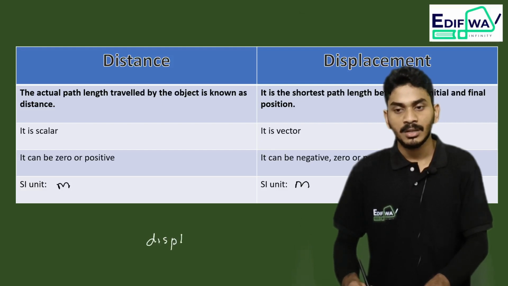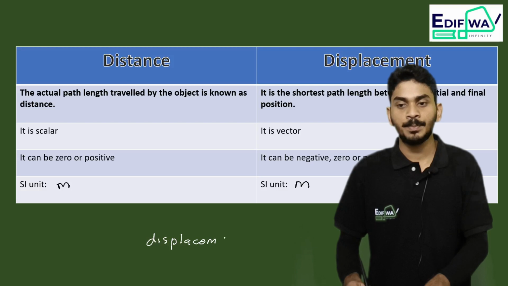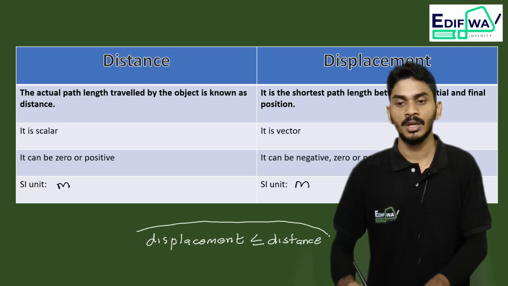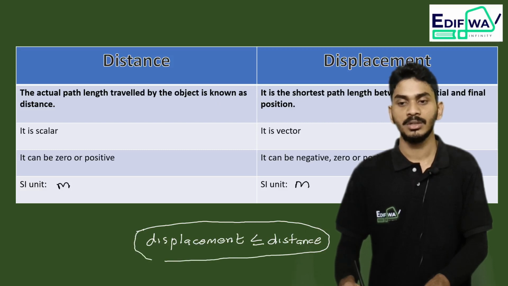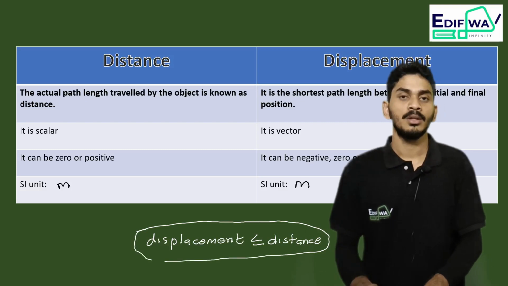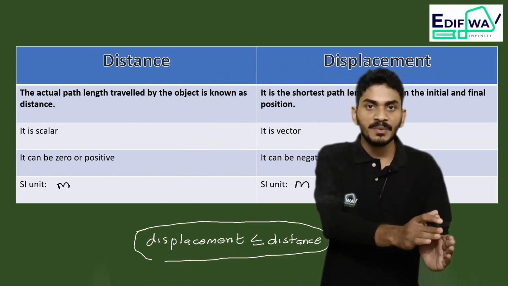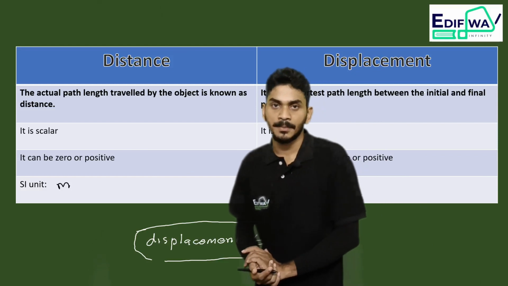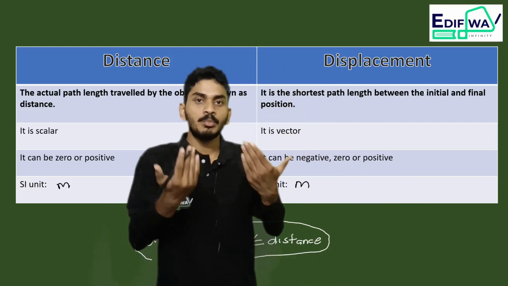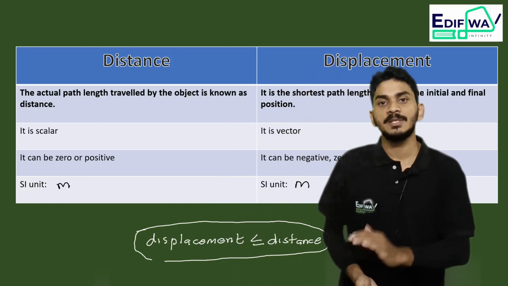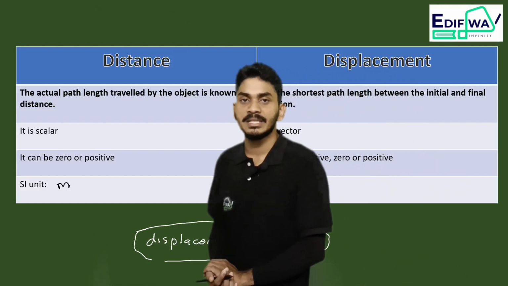So we can write displacement is less than or equal to distance. Okay, this is very important. Clear? When will it become equal? Suppose a body is moving from A to B in a straight line. Then that body's distance as well as displacement will be equal, right? So we can say displacement is less than or equal to distance.